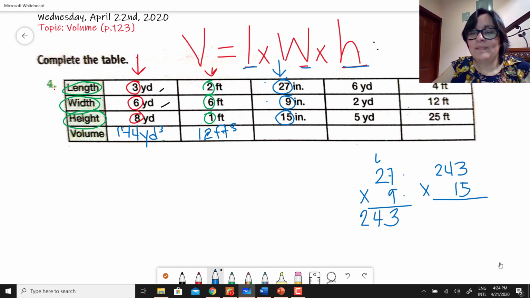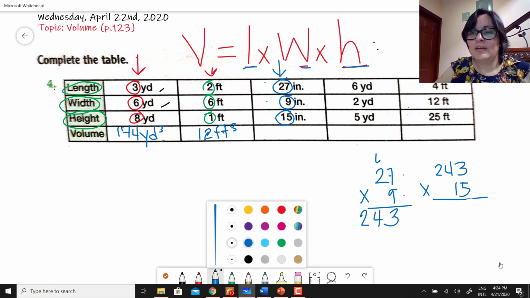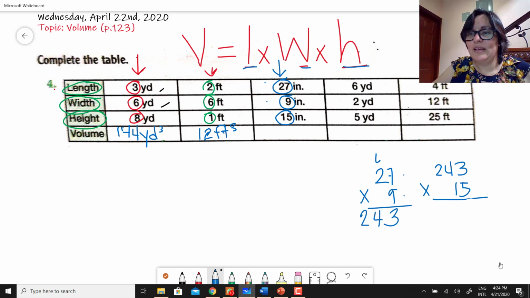5 times 3, 15. 5 times 4, 20 and 1, 21. 5 times 2, 10 plus 2, 12. Then we leave a space and we continue with number 1. 1 times 3, 3. 1 times 4, 4. And 1 times 2, 2.